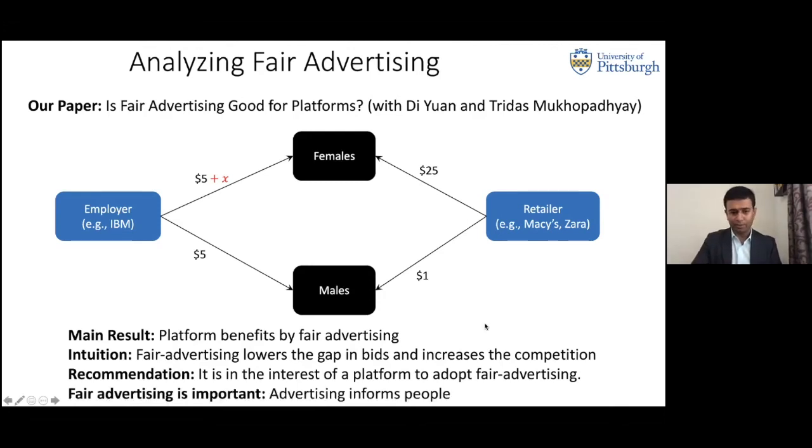And many times, when I talk about this kind of unfairness in advertising, people try to dismiss it: hey, why is it even important? It is just advertising, and anyway, who clicks on these ads? So let me tell you that advertising actually plays an important role in our society, because it informs us about the existence of some economic opportunity that we can take.